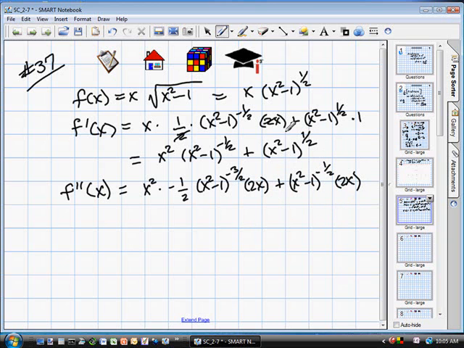And I still have this to differentiate. So I'm just going to continue below it here. Now I have to differentiate this. I could just use the power rule.